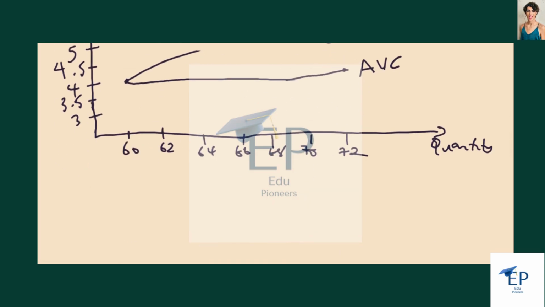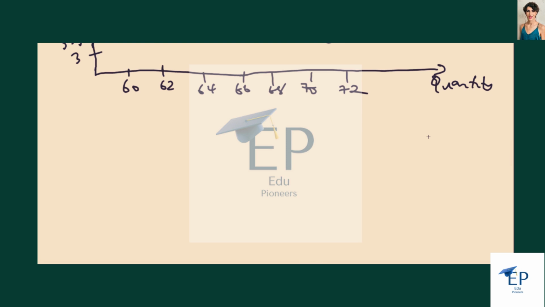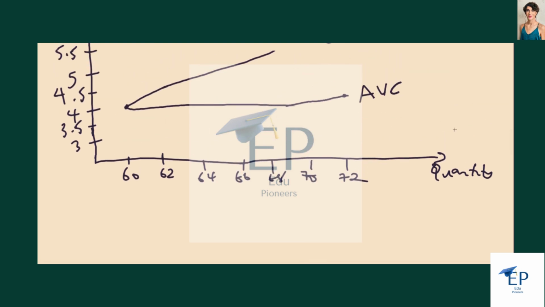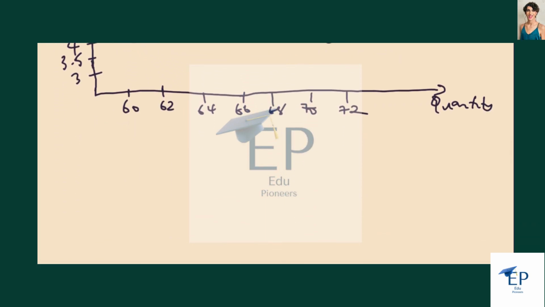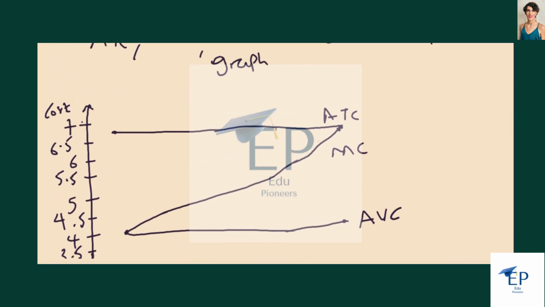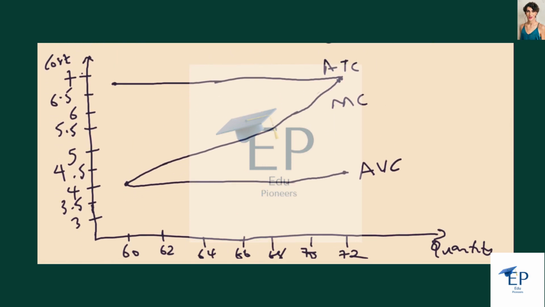So from the graph, we can see that the x-axis represents the quantity, that's output, and the y-axis represents the cost per unit. Now the average total cost, as you have seen, is the ratio of the total cost and the quantity produced, and the average variable cost is the ratio of the total variable cost and the quantity of output produced.